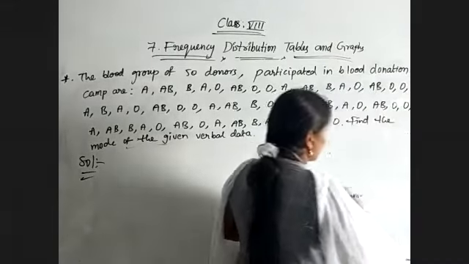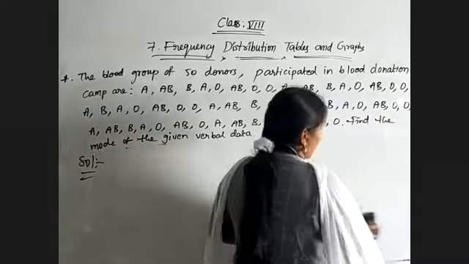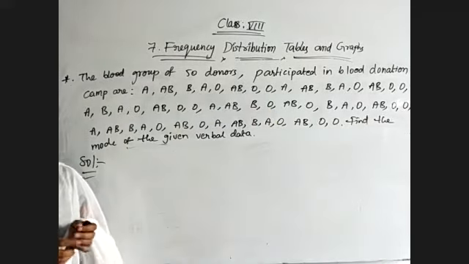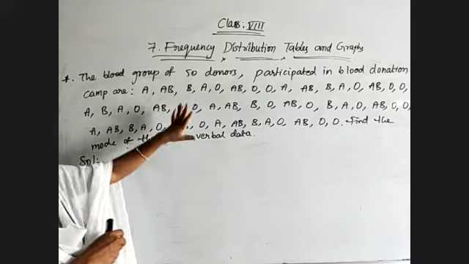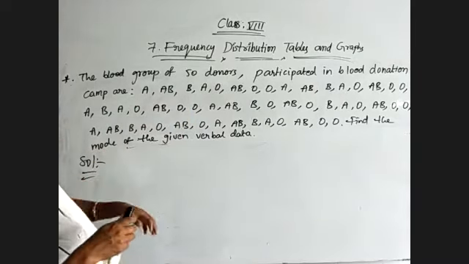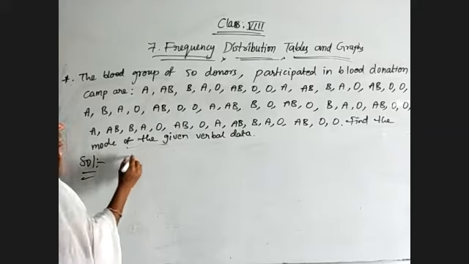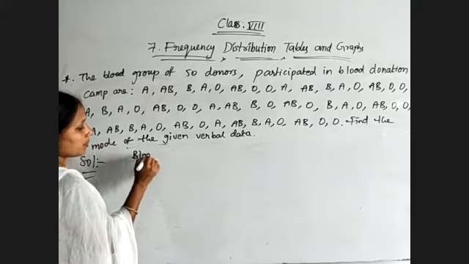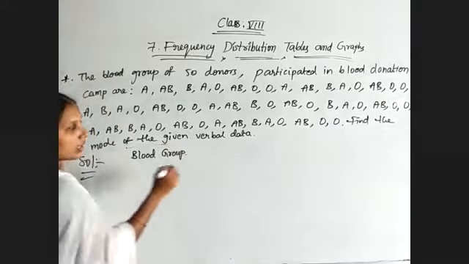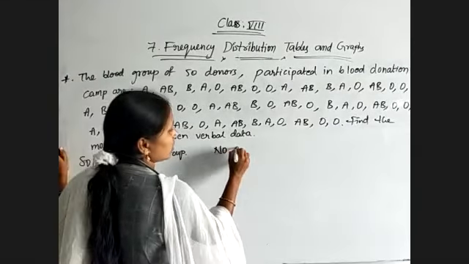So it is verbal data. For this, how to calculate the mode? Which group of donors was given more? We need to find. Here, the type of blood group and the number of donors.